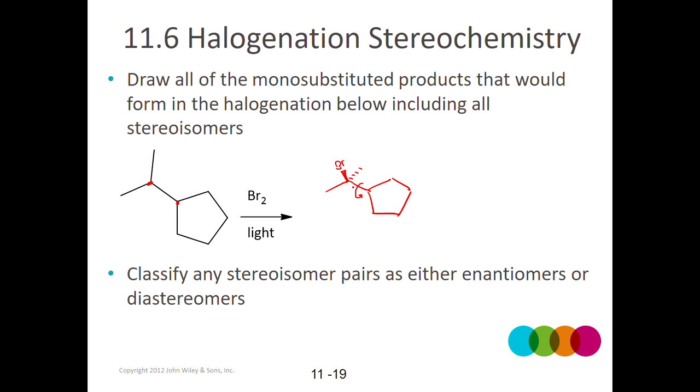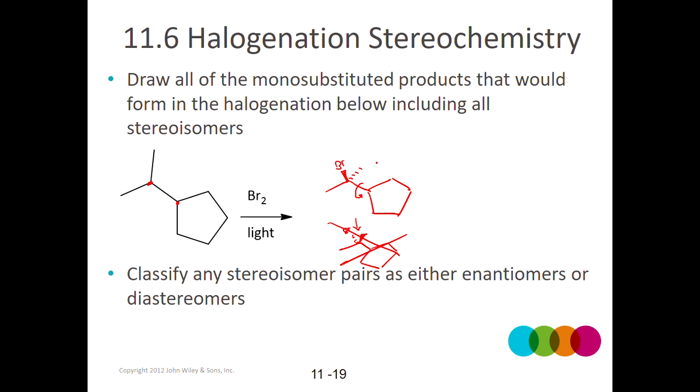If I just rotate the bond, it would create a rotational conformer where now the bromine has a dashed wedge and the methyl group has a solid wedge. So these are the same structure. If the only difference between them involves a rotation of a single bond, they're not different. I don't need to draw both of them. It's not a racemic mixture. I don't have a chiral center that's formed there.